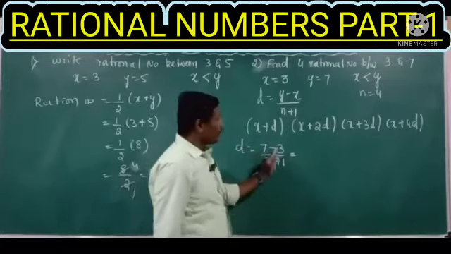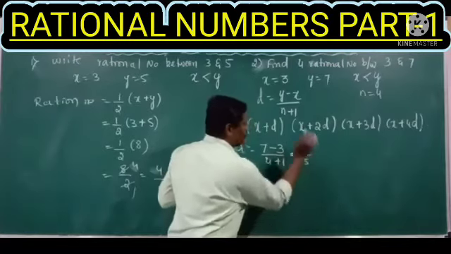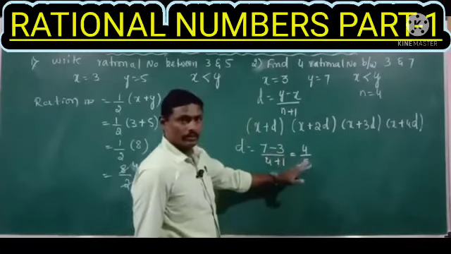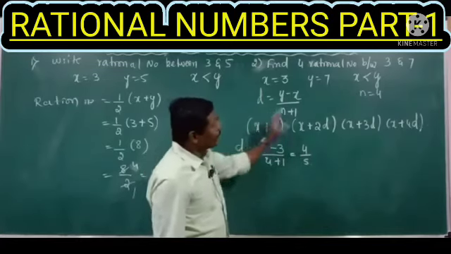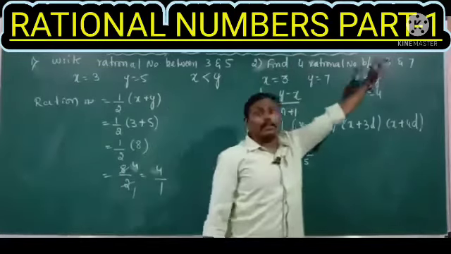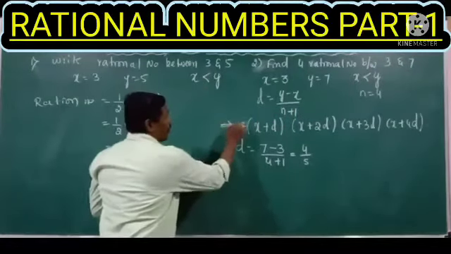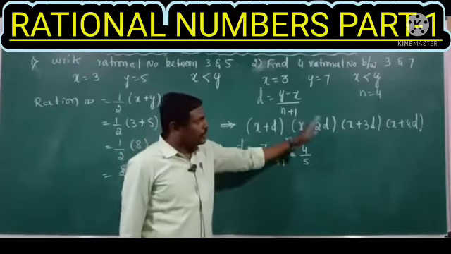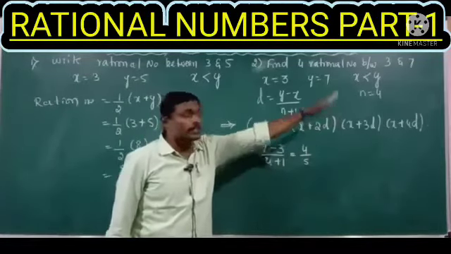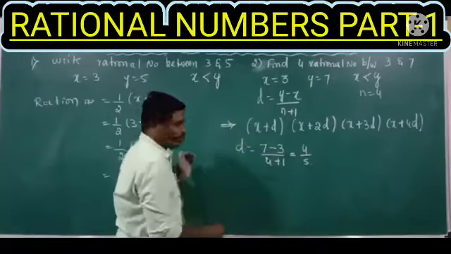So 7 minus 3 is 4 and 4 plus 1 is 5. This is the d value. By using this d value, we need to write the 4 rational numbers existing between 3 and 7. We have the standard form x plus d, x plus 2d, x plus 3d, x plus 4d. Just substitute the x value and d value in this form.